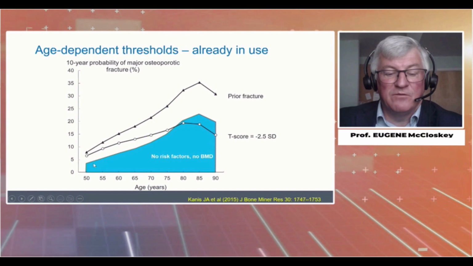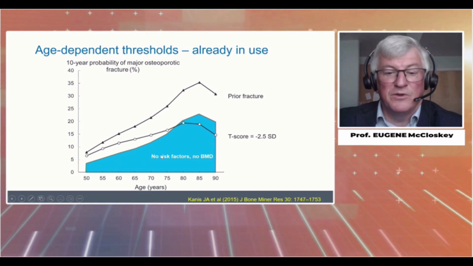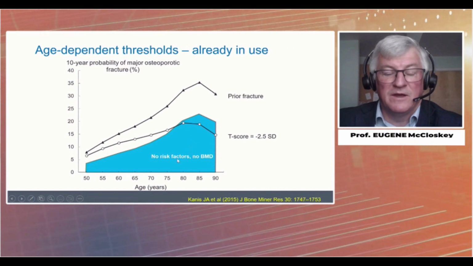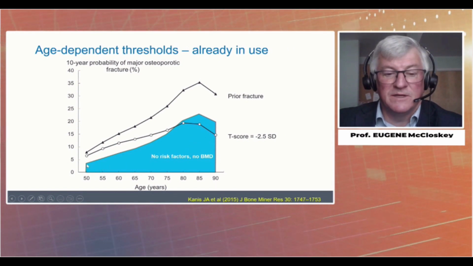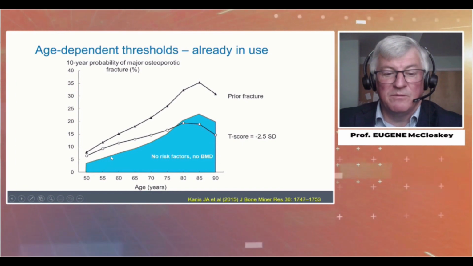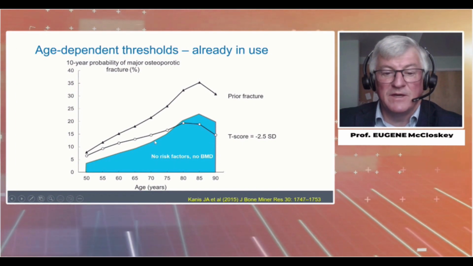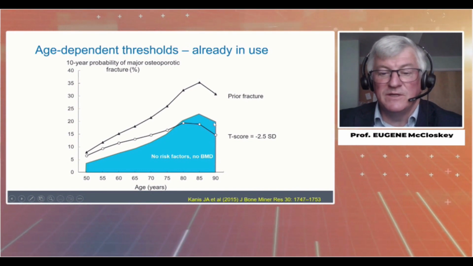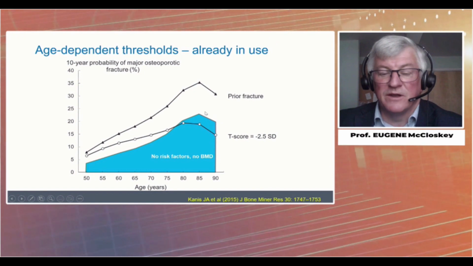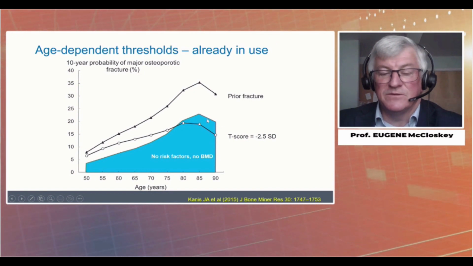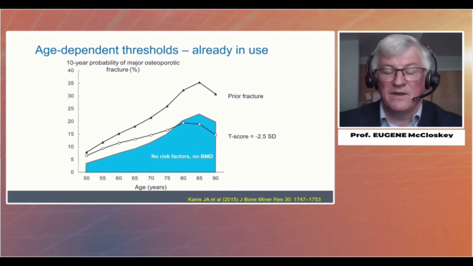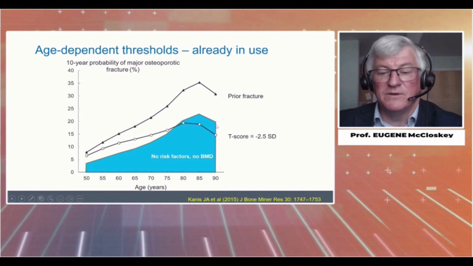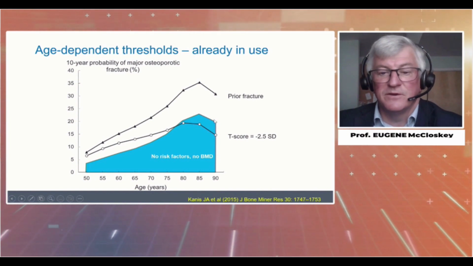You can see that in women at each of these ages with no risk factors, no BMD measured, and an average BMI in this particular population sample, the fracture probability rises with age at the upper end of this blue area into older age, and then starts to decrease because, as you know, FRAX, unlike many other risk calculators, takes into account the risk of death as well as the risk of fracture, and at older ages the probability decreases as the risk of death exceeds the risk of fracture.